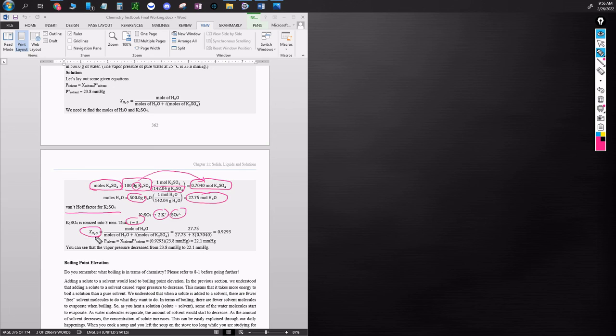Okay, the mole fraction of water is the moles of the water itself over the total amount, the water with whatever is dissolved in it. So we have moles of water and then moles of potassium sulfate, because remember we have a container here, right? We are adding water and then K2SO4.